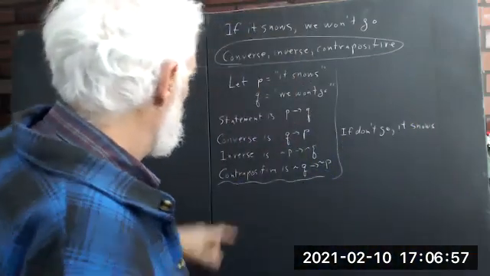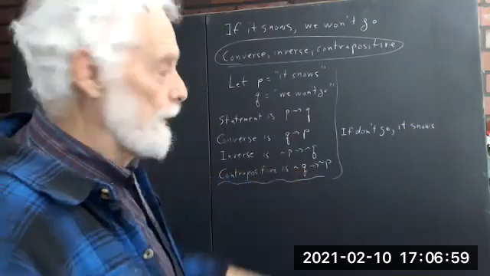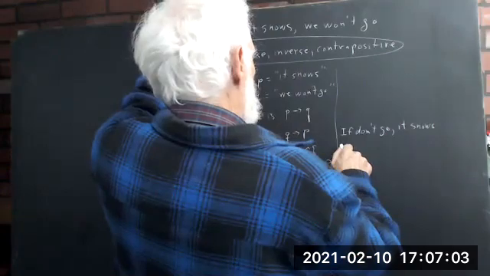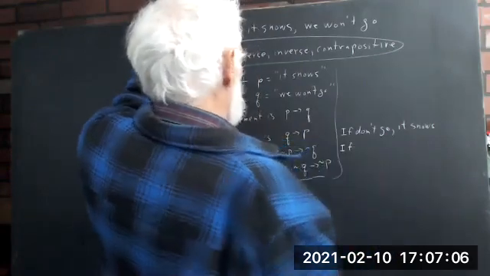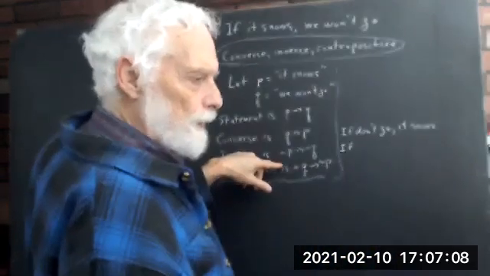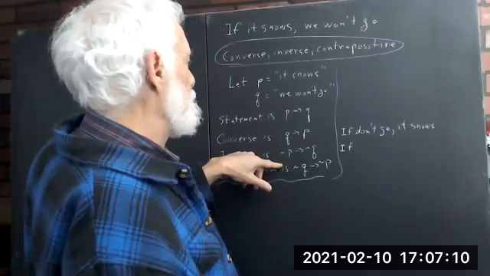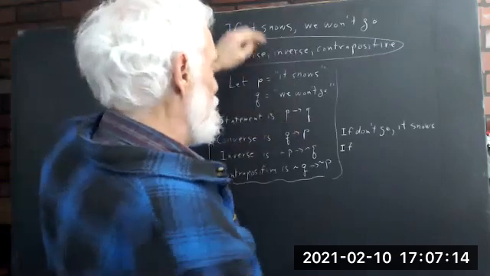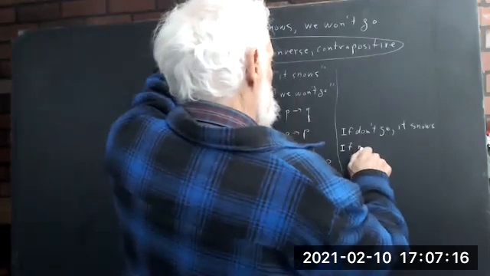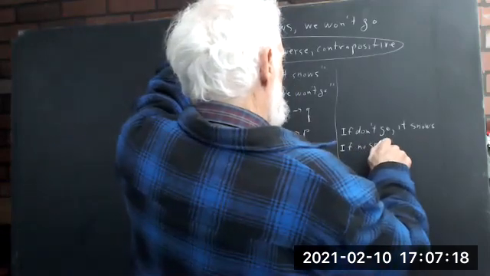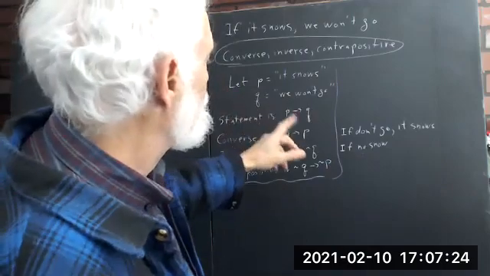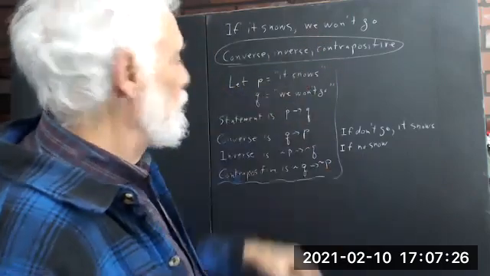Okay. The inverse is if not P, then not Q. And I'll say the negation of P, I'm just going to abbreviate that. Negation of P would be it doesn't snow. Don't have much room, so I'm going to write it as briefly as I can. If no snow, then we won't not go.